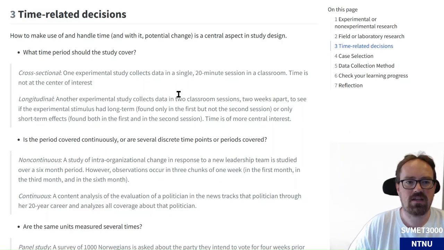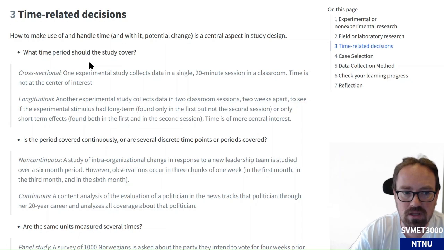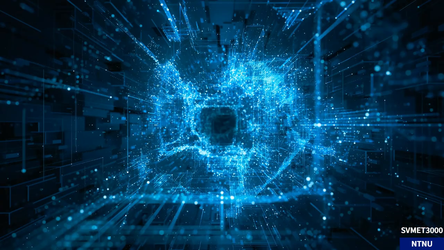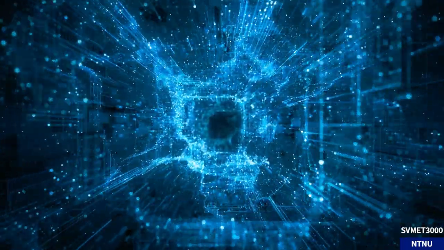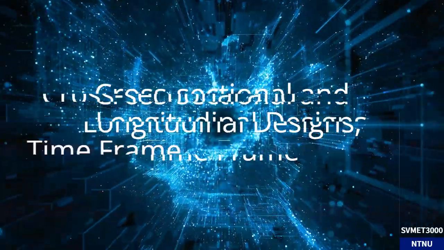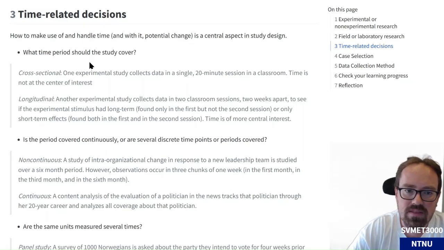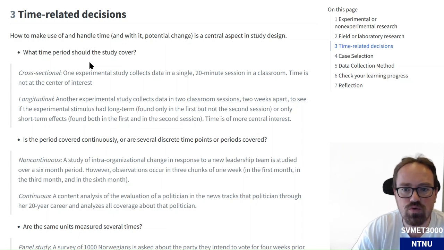When we design a study, we have to make various decisions related to the timing of when data should be collected and how time is considered. That can be a challenge because time passing can create change that we don't want.